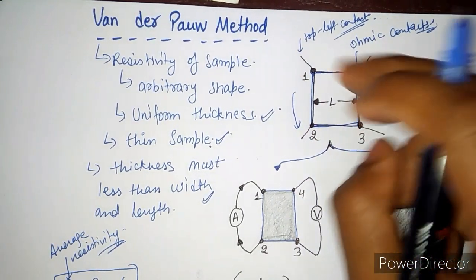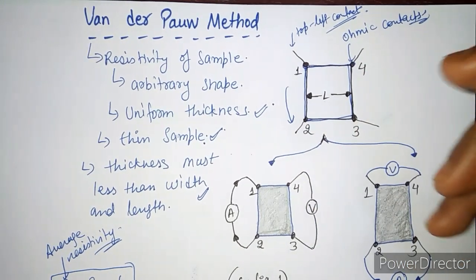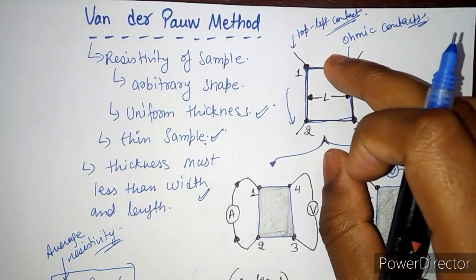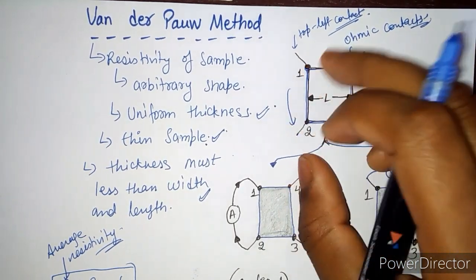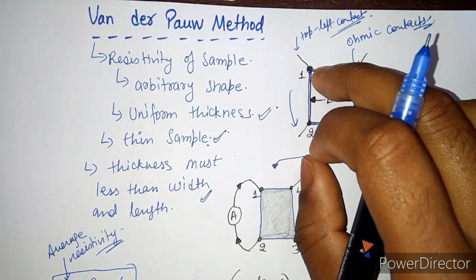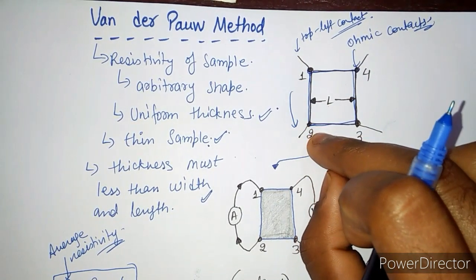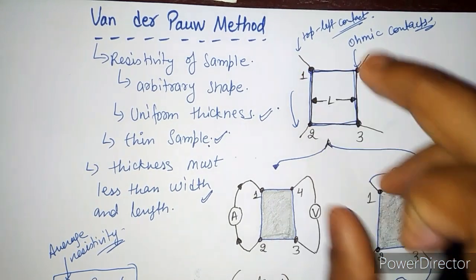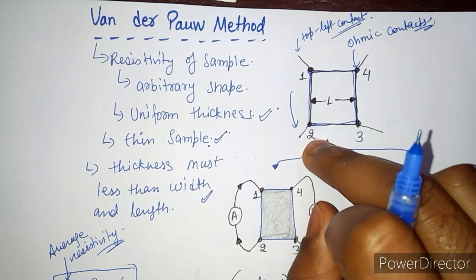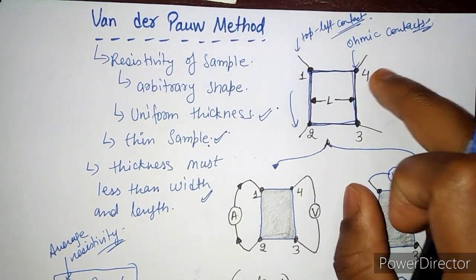We start numbering from the top left contact and move in an anti-clockwise direction. So this is number 1, then in anti-clockwise direction it comes to number 2, then number 3, and the fourth probe.